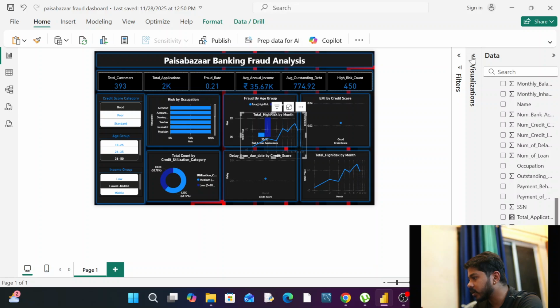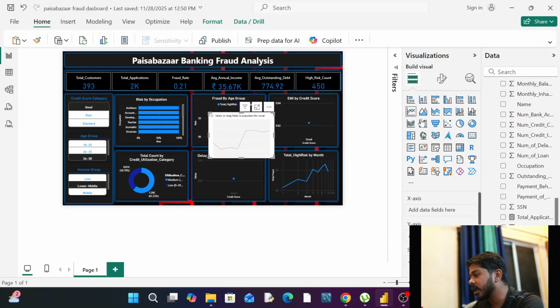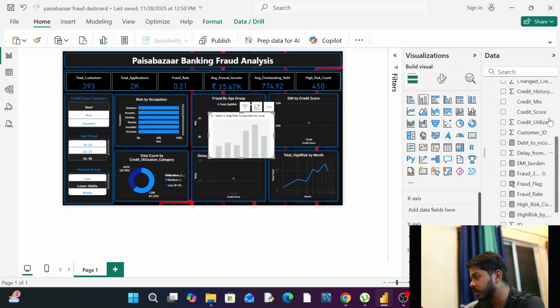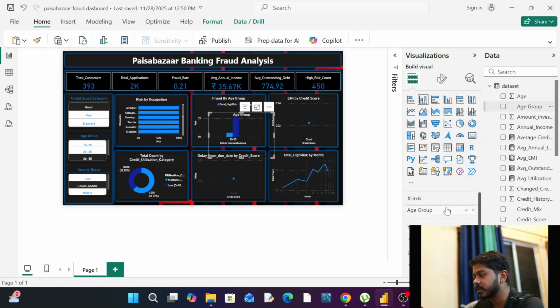In this chart, just for showing purpose, we already have months in the x-axis and total risk in the y-axis. We will remove it. Now we want to plot a stacked bar chart. Whatever we want to put in the x-axis, we can put it here. Like in the x-axis, I want to put age group, so we will just drag it here and paste it here.